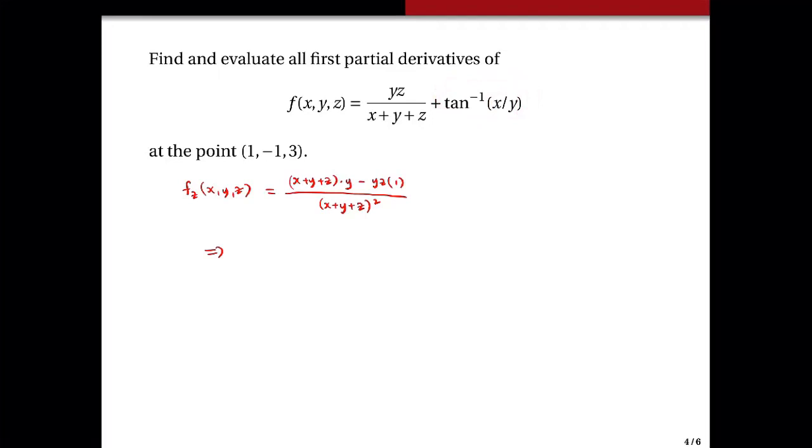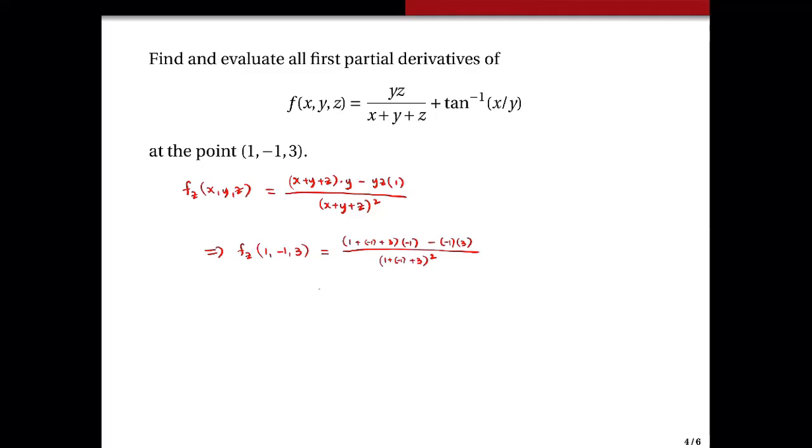So in here, what's left to do is to evaluate at 1, negative 1, 3. So like before, we have 1 plus negative 1 plus 3. Y is negative 1. Then minus negative 1 times 3. Denominator, we have 1 plus negative 1 plus 3 quantity squared.